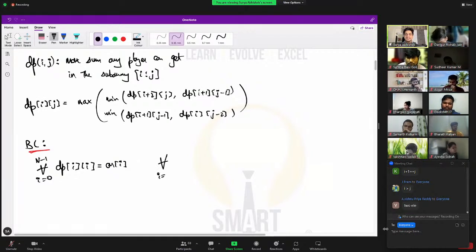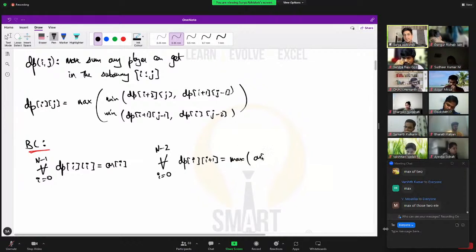For i equals 0 to n minus 2 to be precise, dp of i, i plus 1 is equal to, that's right, max of array of i, array of i plus 1.